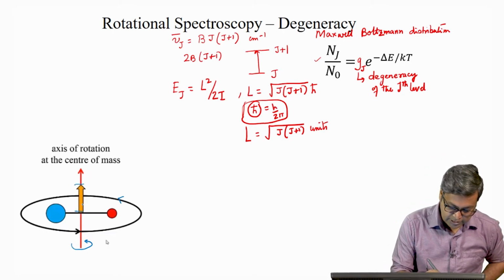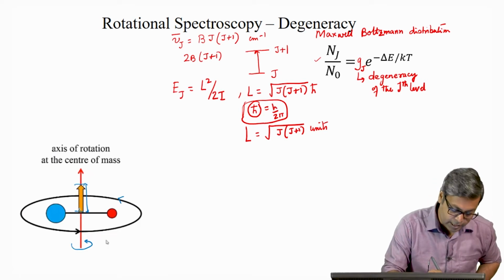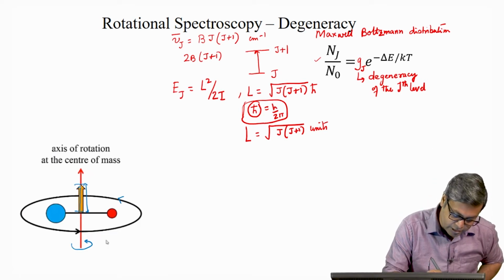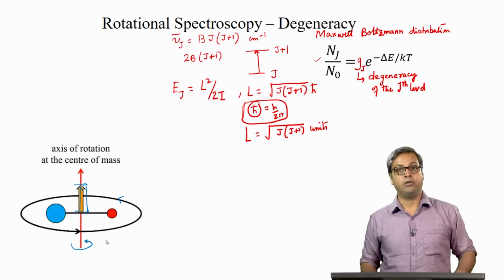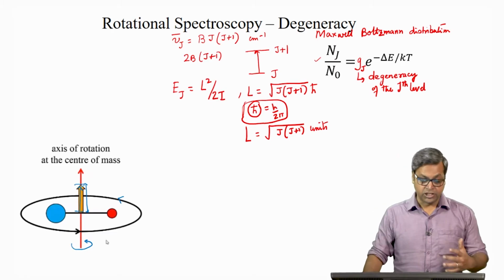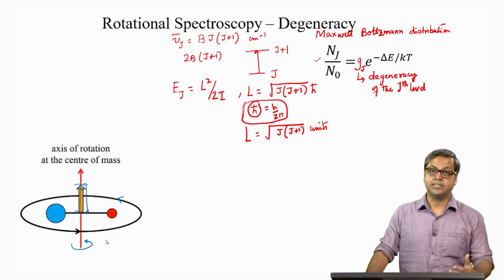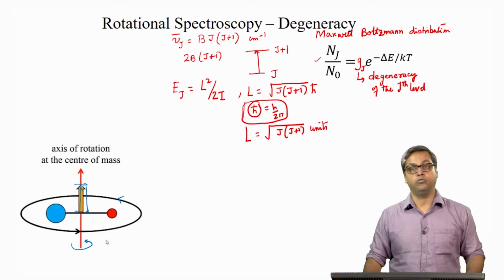So, this is the magnitude of angular momentum, and this is the direction of the angular momentum. The direction of the angular momentum is given by the right hand rule.